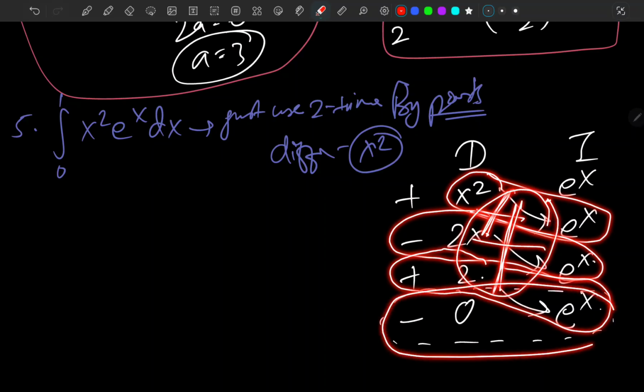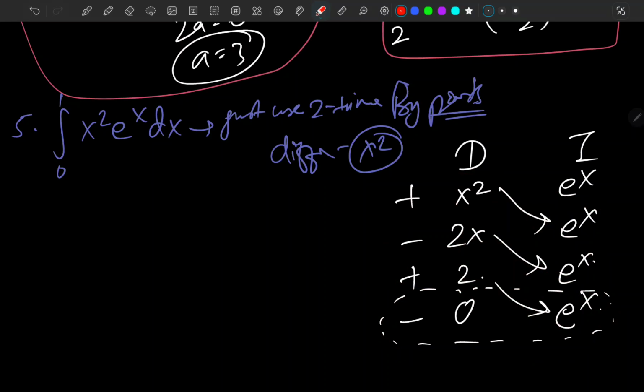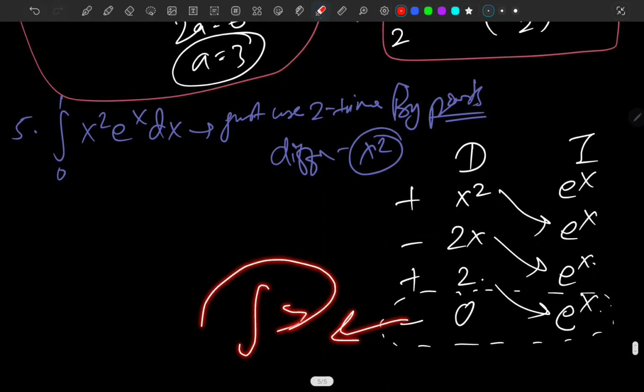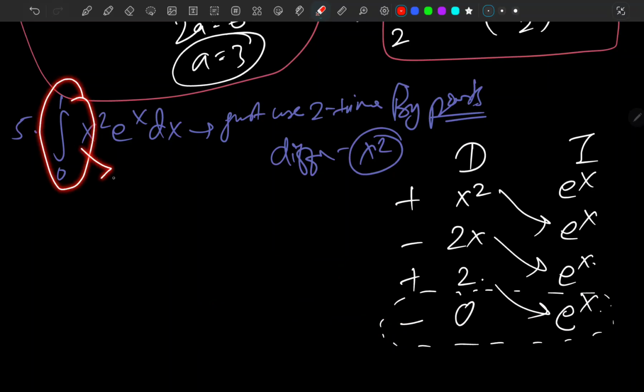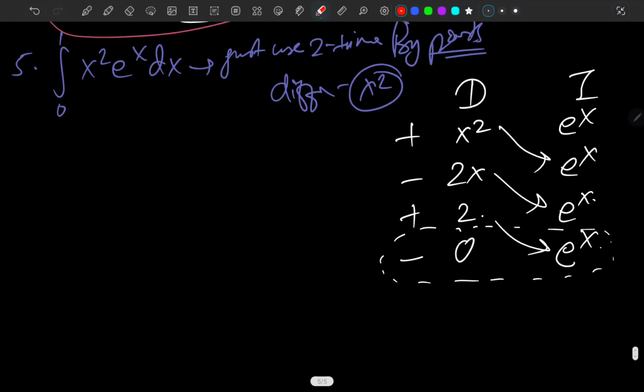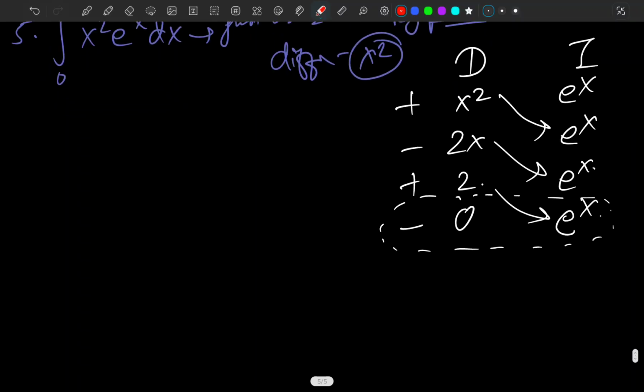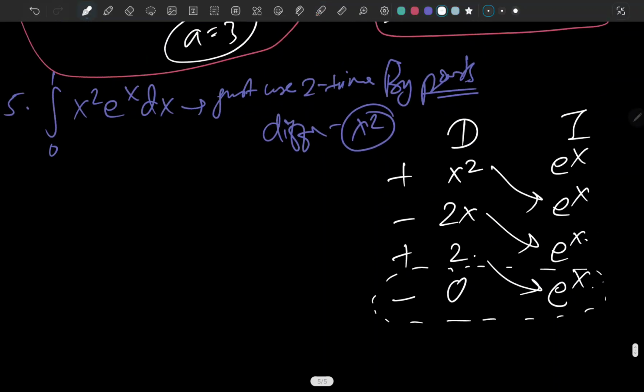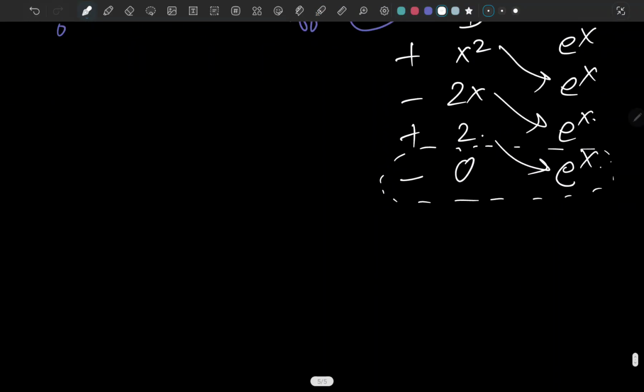The last one, which I have represented by dotted lines, comes out as an integral. The limits would be given for you, like for this integral it's from 0 to 1. That's how it works. You don't need to go quite deeper into it. It's not necessary for us, but I have told you a method to do it.